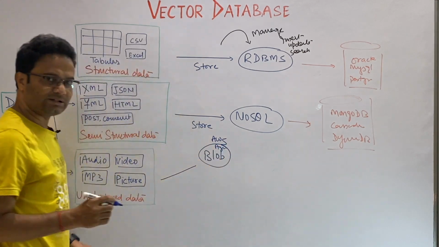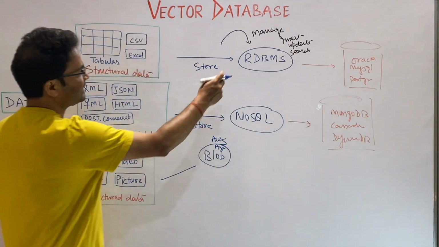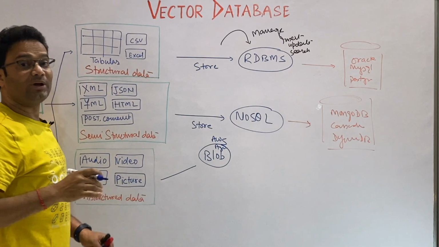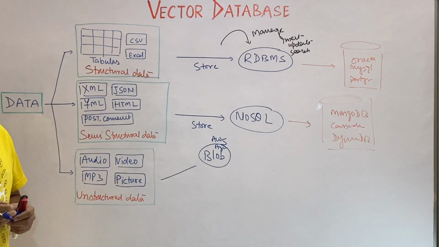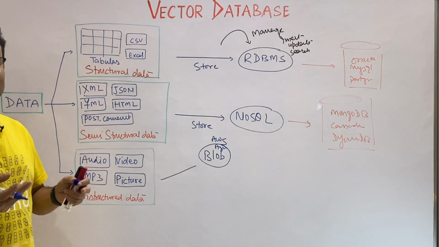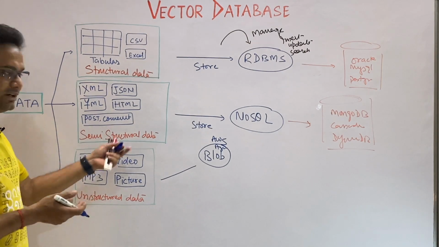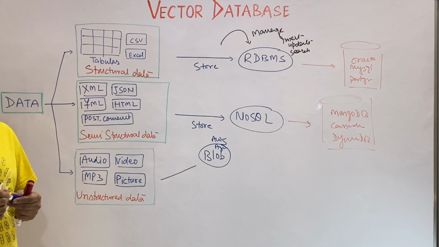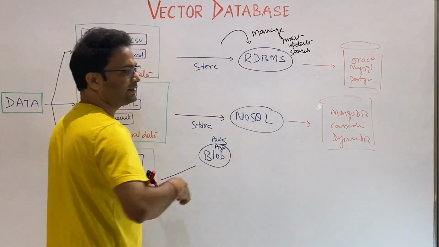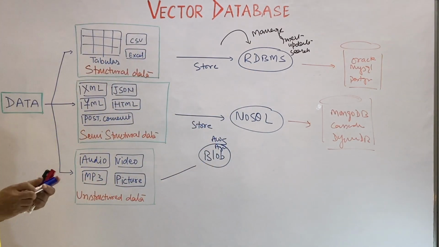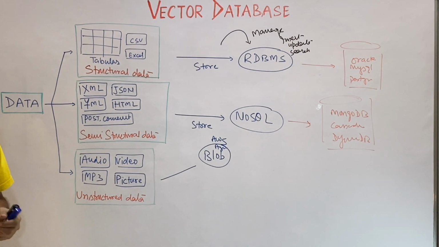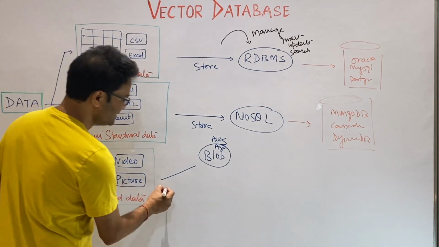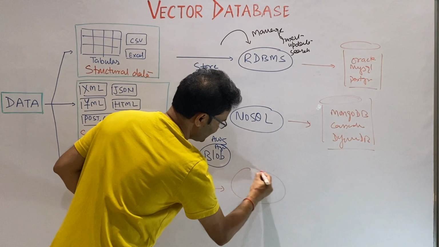Yes, you can store them, but how do we get this kind of facility? How can we search? How can I update? You cannot do that, because these are different binary formats. You can't search them. So we should have a similar kind of database management system where you can save this unstructured data also, and that is where the vector database is used.